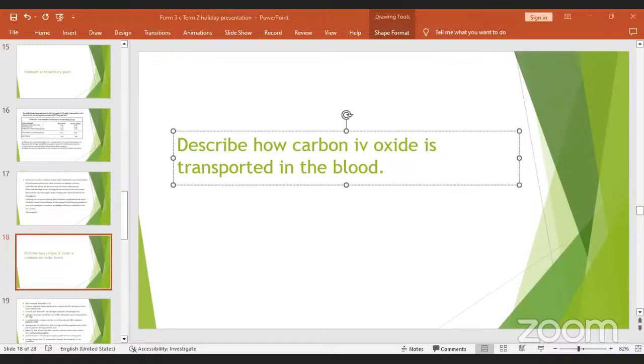Alvan. We have to say that one of the forms in which carbon dioxide is transported is in the form of hydrogen carbonate ions in the blood plasma, okay? Number 2. Carbamino compounds. Kibadi.